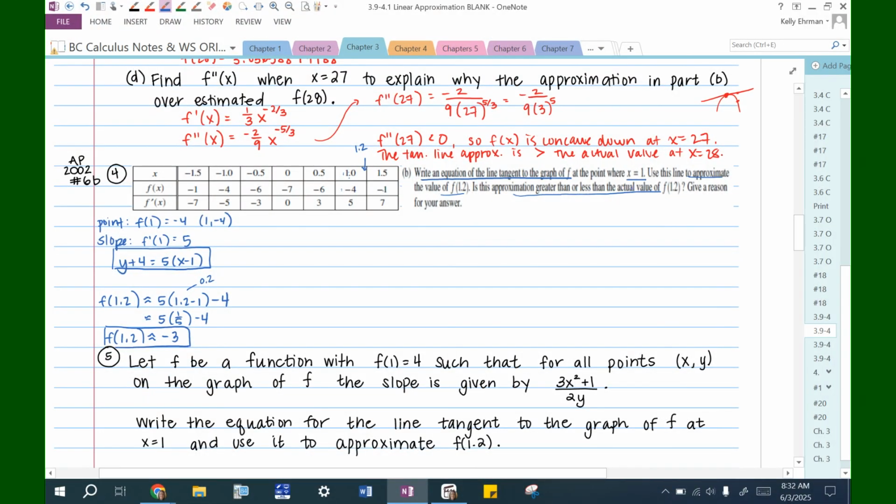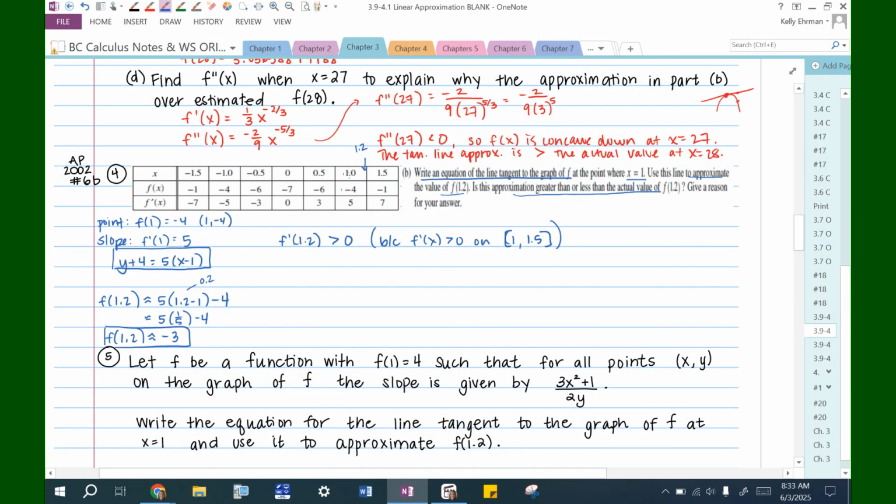It's going from negative 4 to negative 1. So I'm going to say f prime of 1.2 is greater than 0. And I think I might justify this by saying because f prime of x is greater than 0 on the interval 1 to 1.5. Now, again, just with this information, that doesn't guarantee that f prime doesn't dip negative somewhere, but I bet there was something in the rest of this problem that we know that this stayed positive or something.